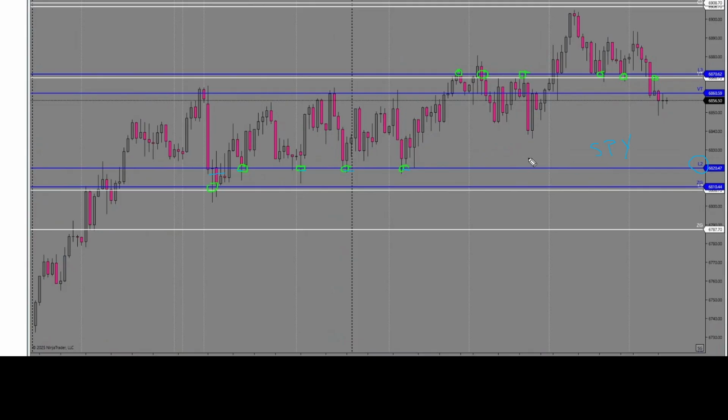It is important to know, and I want to explain here, that the blue is for SPY and all the white levels are for SPX. Also in NASDAQ, white is for NDX and blue is for QQQ.